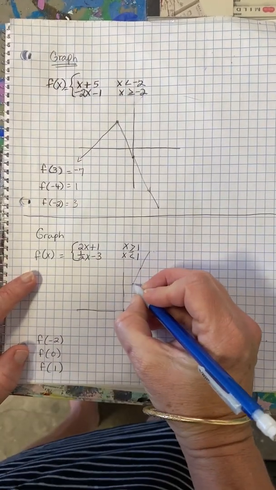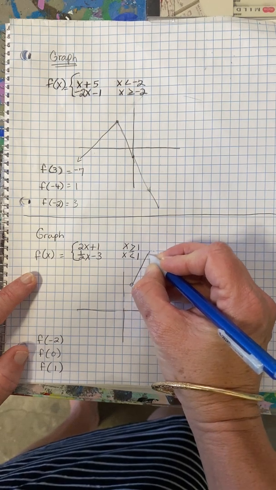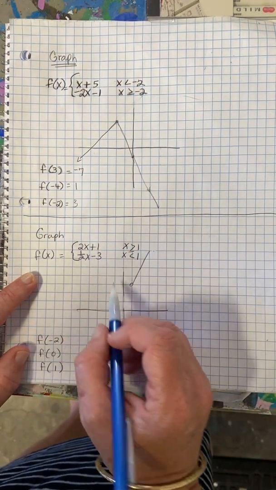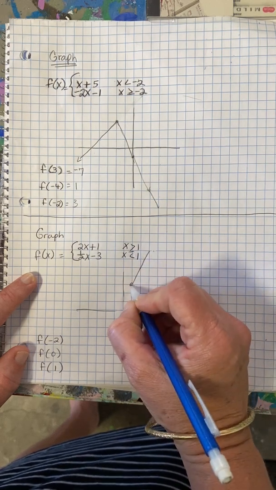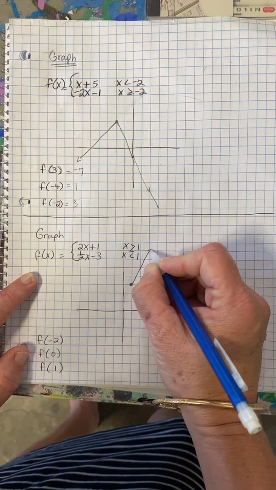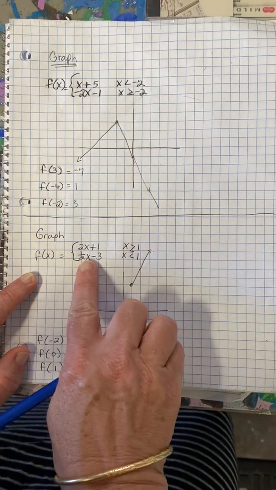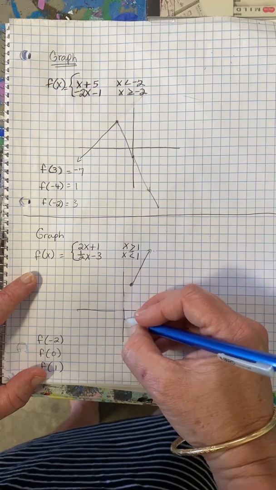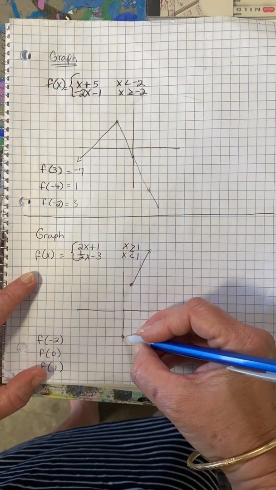So I'm going to put an open circle here because it's not underlined. Like, I mean, it's not, oh, it is underlined. So I am going to put a closed circle there, sorry. So since that's underlined, I know at 1 it's including. And then I'm going to do a sketch here, -3. And my slope is 1/2.